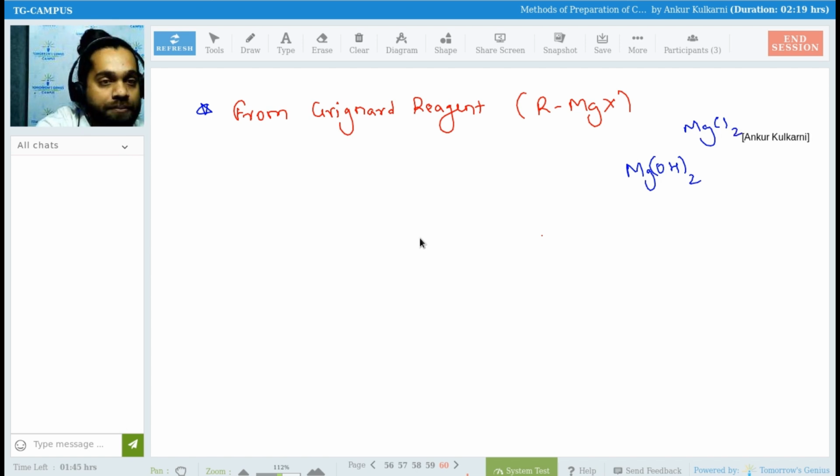Why? Because Mg is plus 2. So this is plus, this is minus. To have plus 2, you require minus 2 also. So that's why R becomes minus. It is giving you a nucleophile.